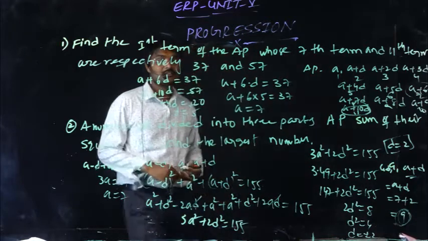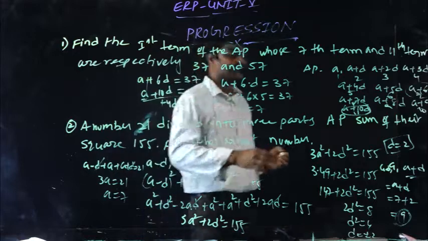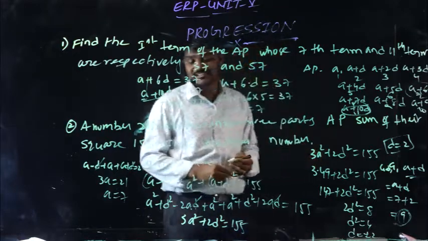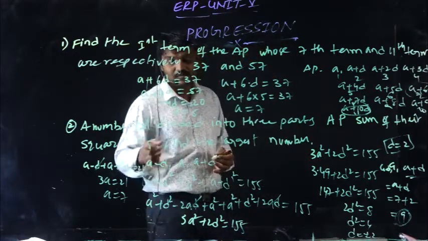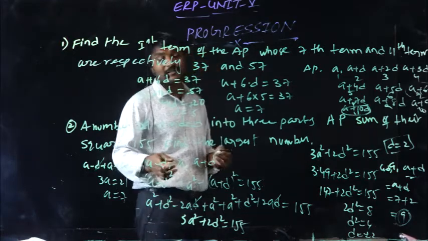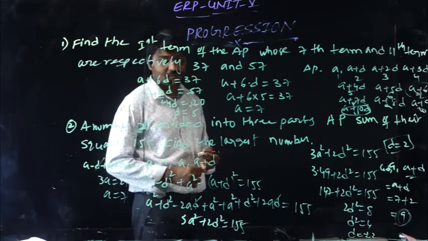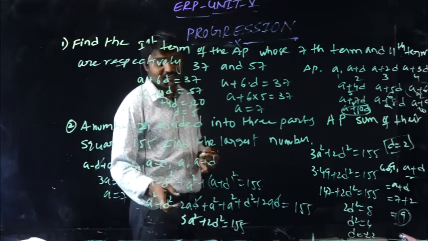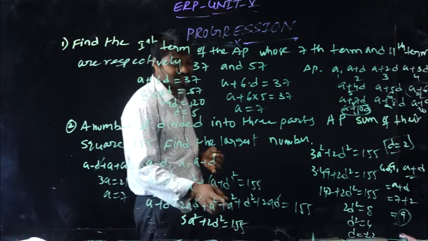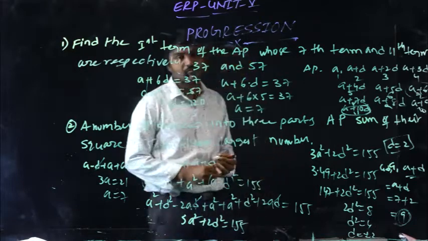Are you getting? So once again, a number 21 divided into 3 parts in AP, sum of the squares is 155. Find the largest number. So that's why you can take a minus d, a, a plus d. So sum of their squares is 155, so a square plus d square minus 2ad plus a square plus d square plus 2ad. So here 3a square plus 2d square equal to 155.